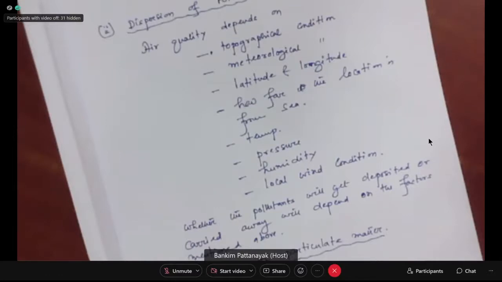Once the coal particles reach their heat and become particles, depending on the size and the mass of the particles, they will either get into the air or settle down.